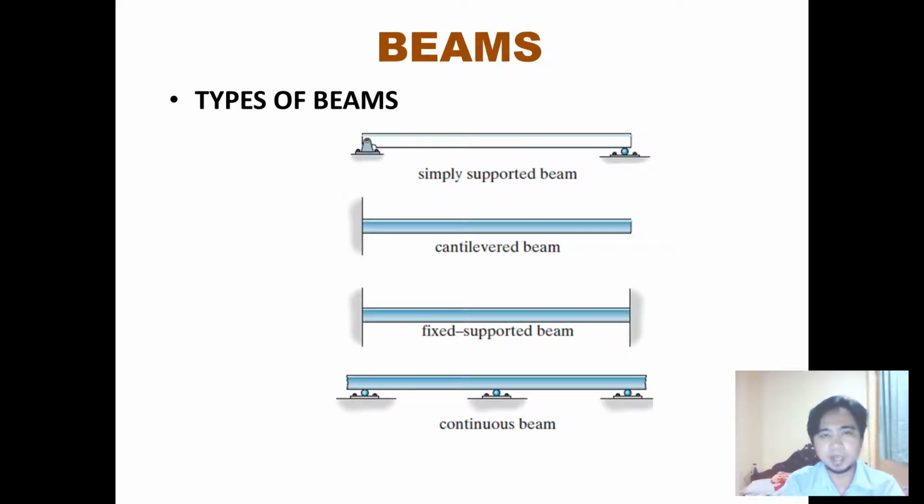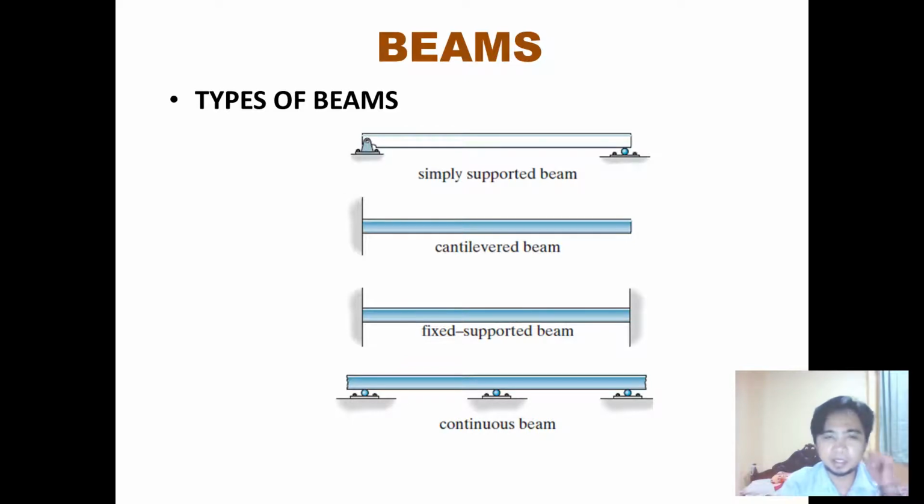So as for the type of beam, this is according to the support and configuration or continuity. So we have the simply supported beam. It is supported by a pin connection and a roller support. We have the cantilevered beam.